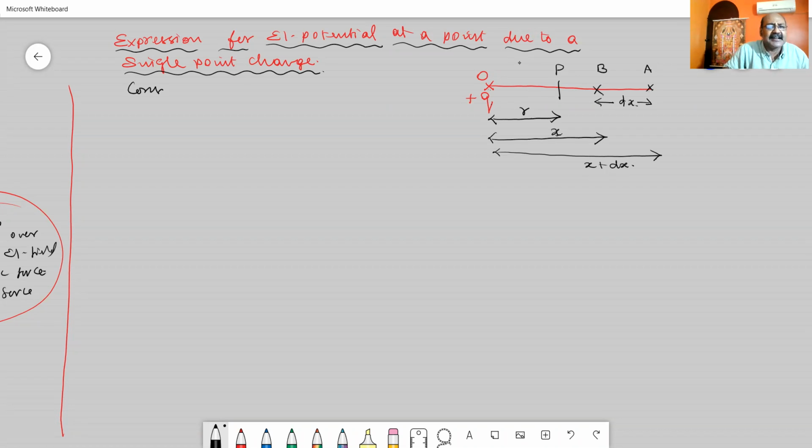So you write: consider a point charge plus Q at O in free space.